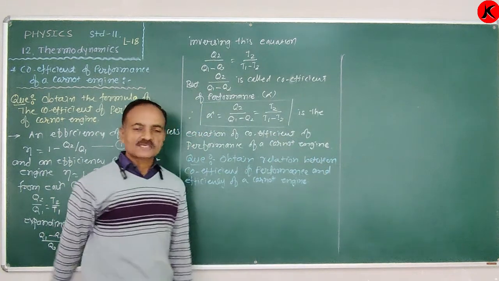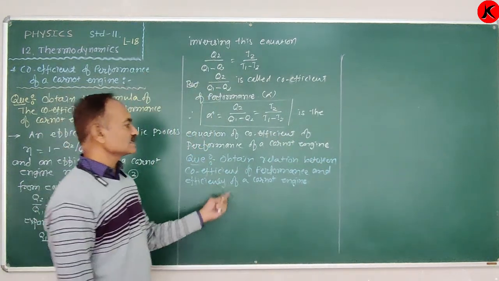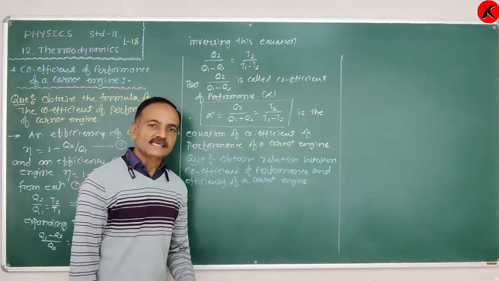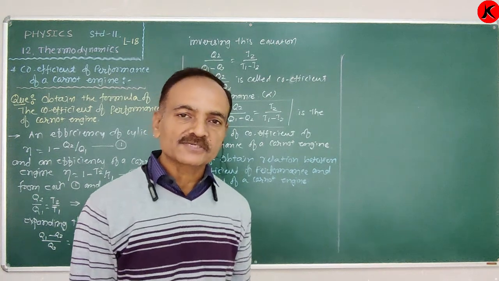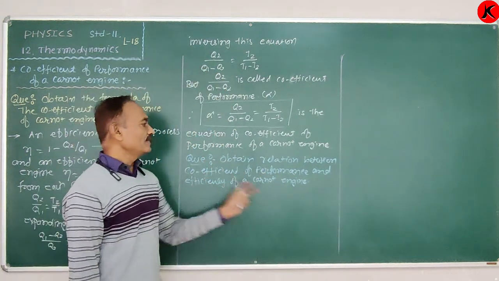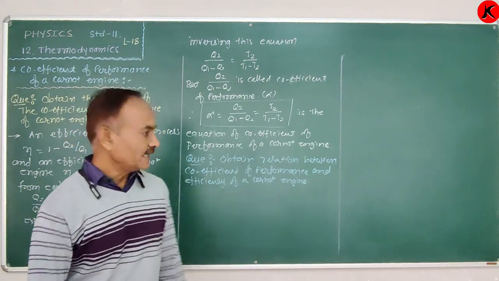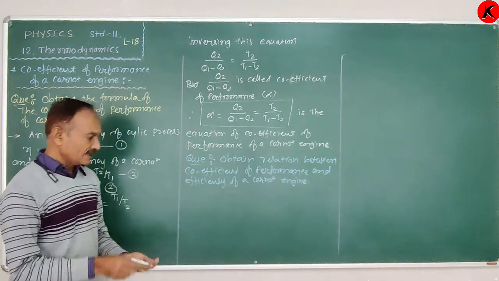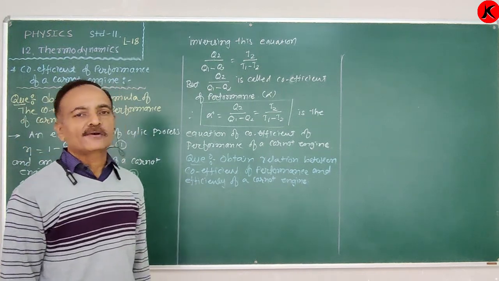So that is the most important equation to find out the coefficient of performance from the efficiency, or we can also find out the efficiency of a cyclic process or the Carnot engine if we know the coefficient of performance. Therefore, obtain the relation between the coefficient of performance and efficiency of a Carnot engine.